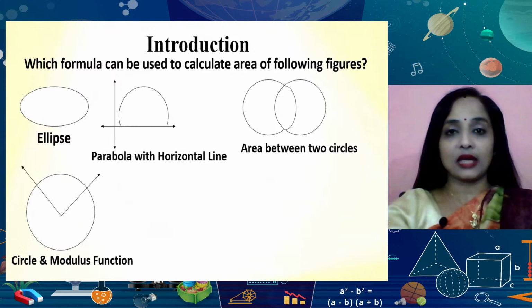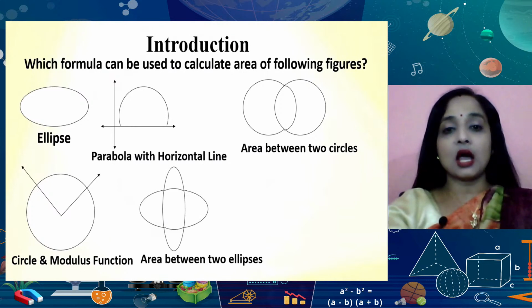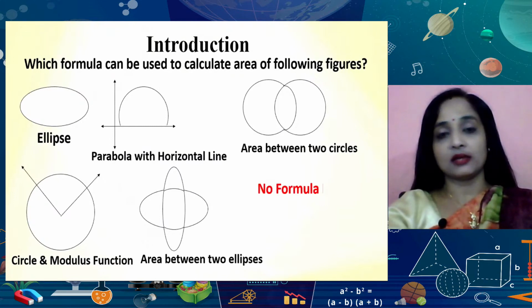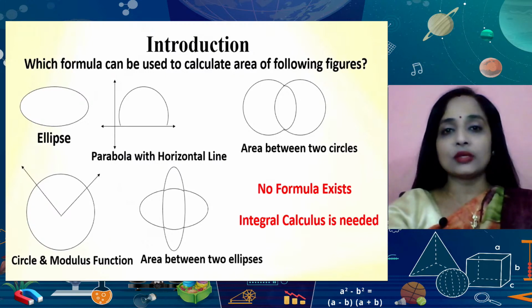How will you calculate the area bounded between a modulus function and a circle? How will you calculate the area between two ellipses? So, do you have any formula? No formula exists for all these things. So, we require integral calculus so that we can find all such areas.